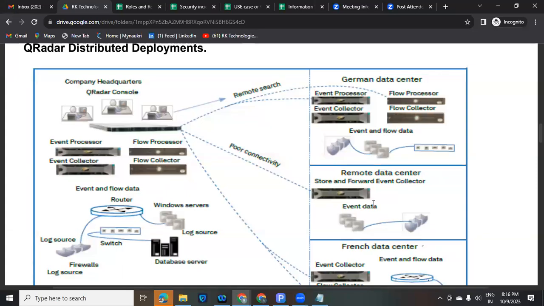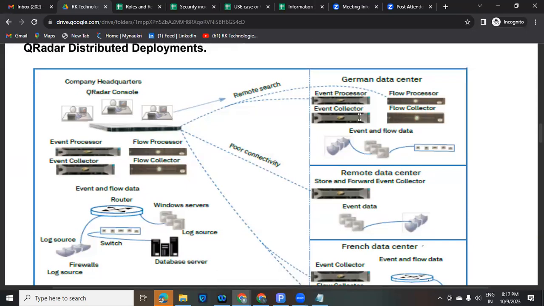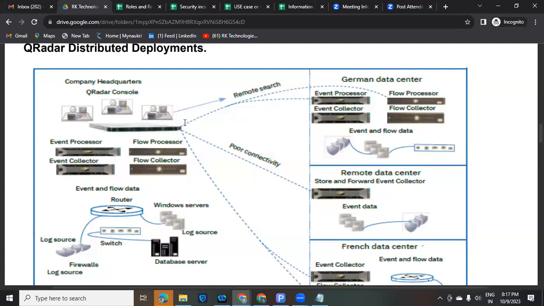Yes, sir. So here, what are those two parameters? One is hardware cost. Whether in the remote branch offices, it will cost more if you are purchasing hardware devices for the remote branch office locations, or else if you send all these logs to the headquarters, that will be expensive.